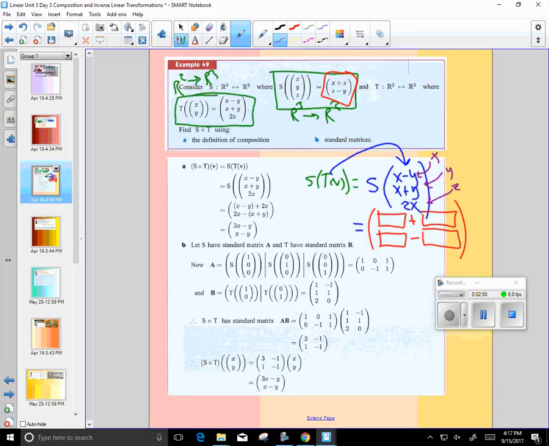So the first one is X, going back here, S is X, X minus Y, plus Z, which is 2X. The next one is going to be Z, which is 2X, minus Y, which is X plus Y. And of course, when we simplify that, it'll be X plus 2X is 3X minus Y. And this will be 2X minus X is X minus Y. And that's what my composition is going to be.